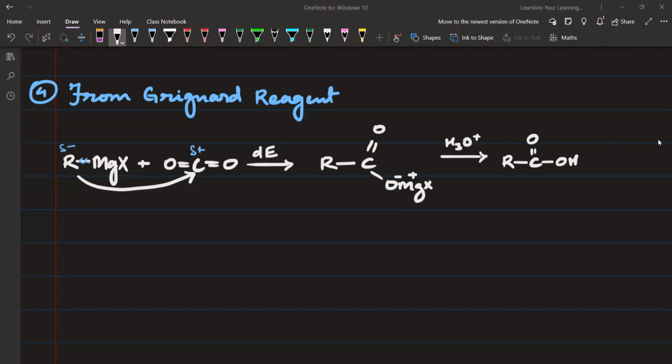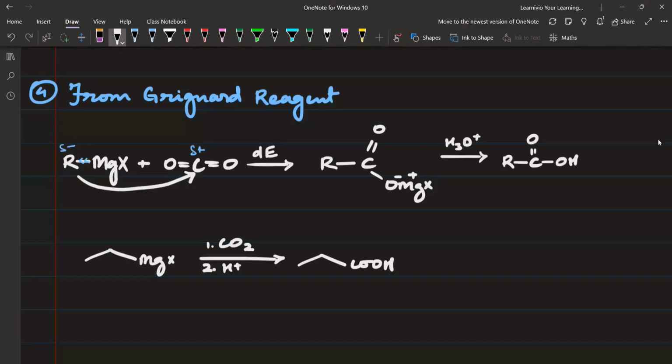So for example, if we start with two carbon atoms and MgX, in the first step CO2, in the second step H plus, then we will get a three carbon atom carboxylic acid.